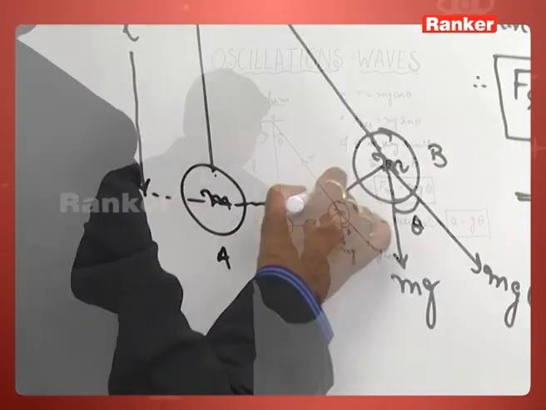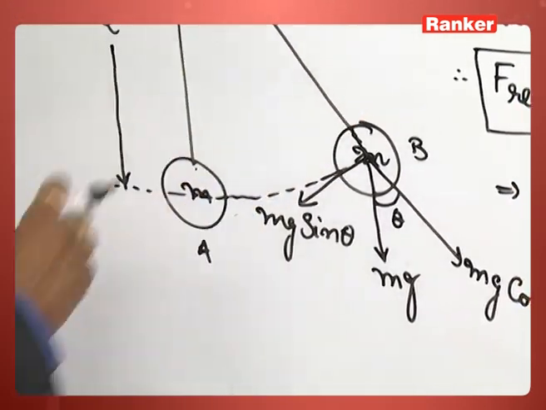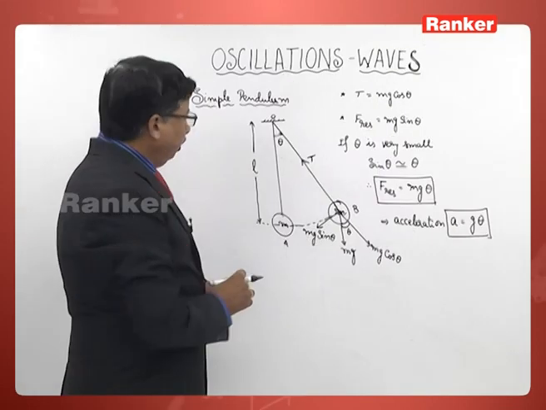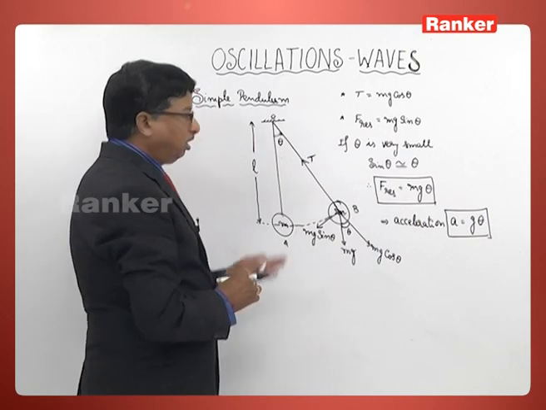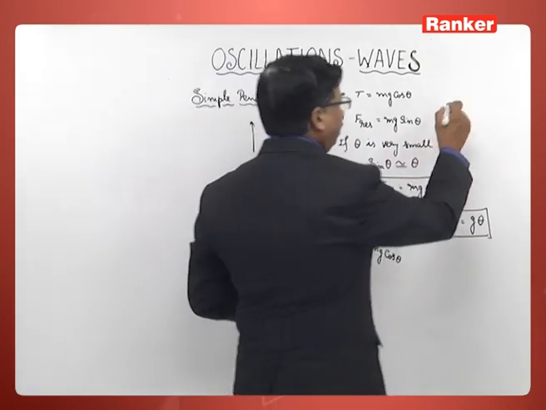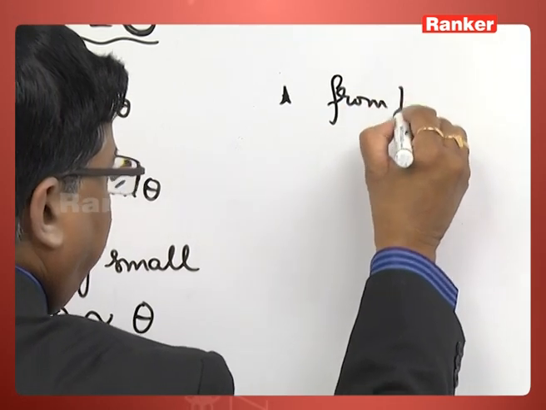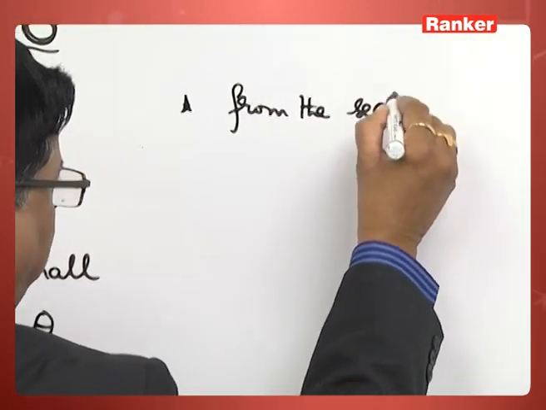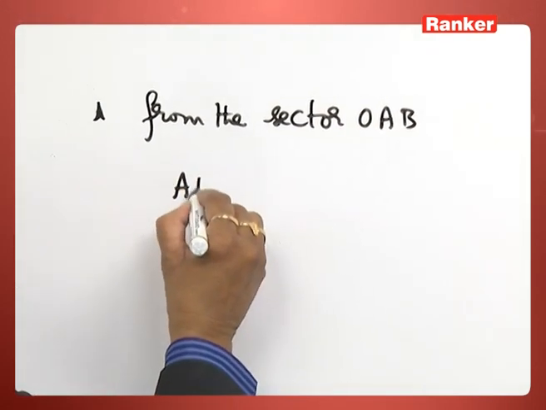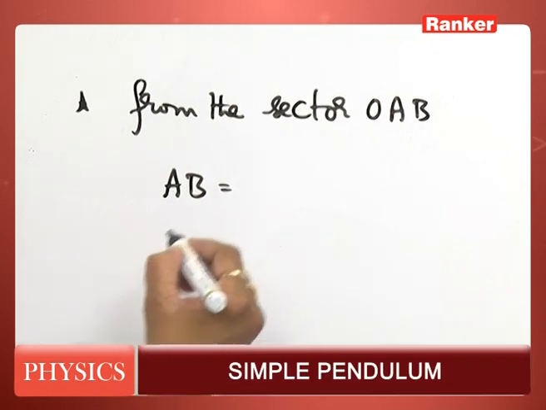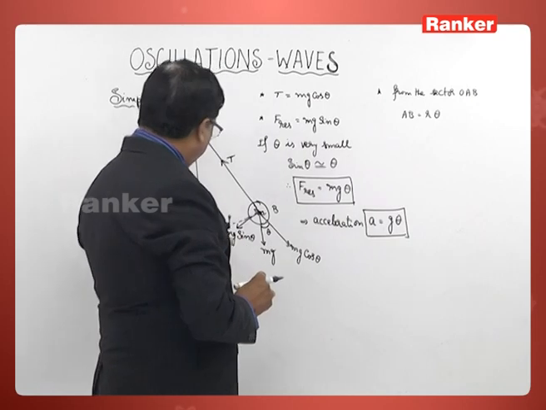Come to the second point. If you are making the bob move from A to B, are you not making it move along a small arc? If you consider OAB as a sector, a part of a circle, then we can write the next concept. From the sector OAB, you can understand AB is equal to radius times the angle of the sector. And what is this AB?